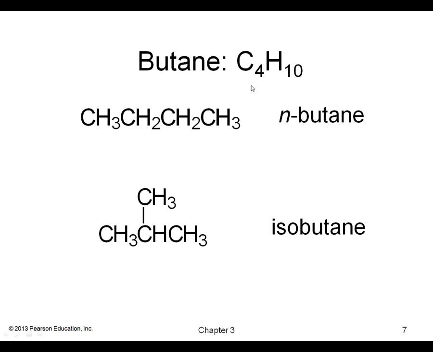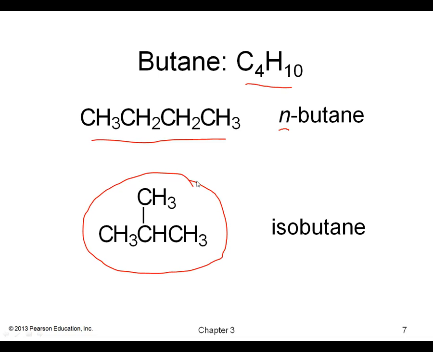Butane, C4H10. Okay, so here it is. Note we call that n-butane, meaning normal butane, meaning what? There are no branches. Okay, when you make an isomer of butane, we get this structure here.